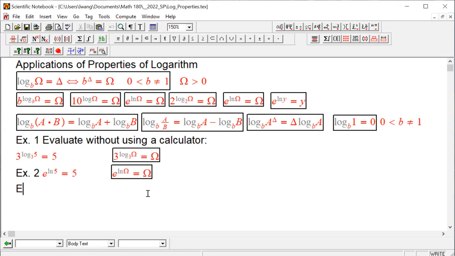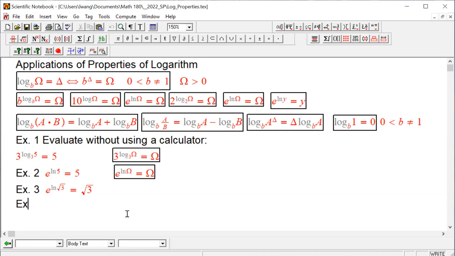And example number 3, we have e raised to the power of ln of square root of 3. What would that be equal to? We use the same property, and the answer is square root of 3. You see, we just apply the property, right?